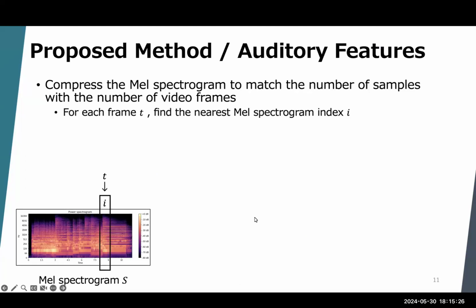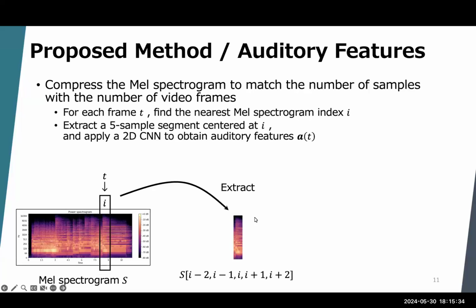Specifically, for each frame t of the video, we find the index i of the mel spectrogram that is temporally closest to t and extract a segment of 5 samples centered around i. We then apply a 2D CNN to this segment to obtain the auditory features A_t for frame t. Here, the dimensionality of the features is set to 16.